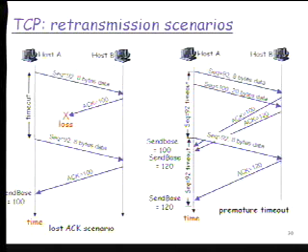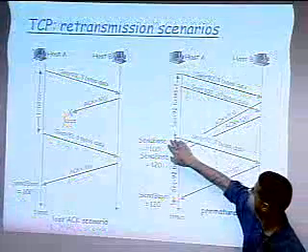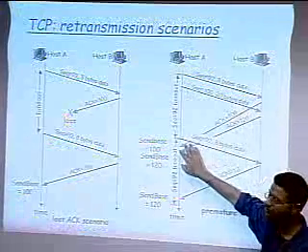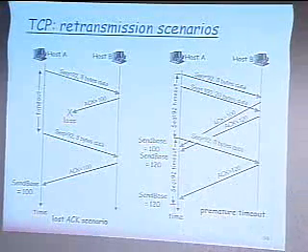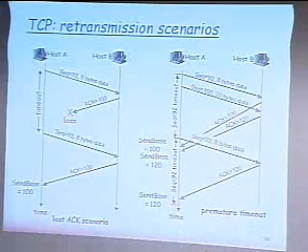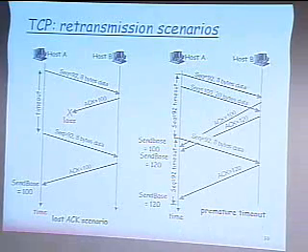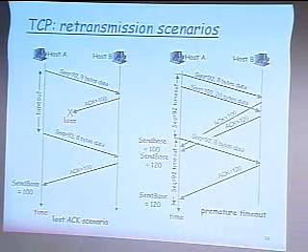In one scenario, the acknowledgement gets lost and the packet has to be retransmitted even though it was delivered. In the other scenario, the acknowledgements simply get delayed. Your timeout value was here, but the acknowledgements arrive later. So again, packets have to be retransmitted even though they were successfully delivered.